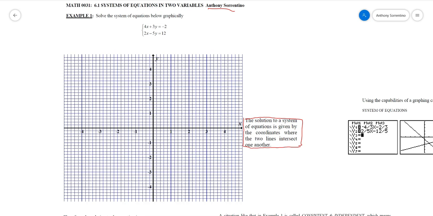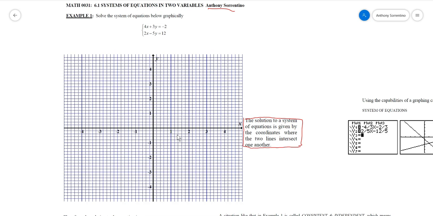Notice that I have a graph set up going from -5 to 5, both for the x's and the y's, and I actually have 1, 2, 3, 4, 5 spaces for each full unit. So this is basically going by fifths or 0.2s.